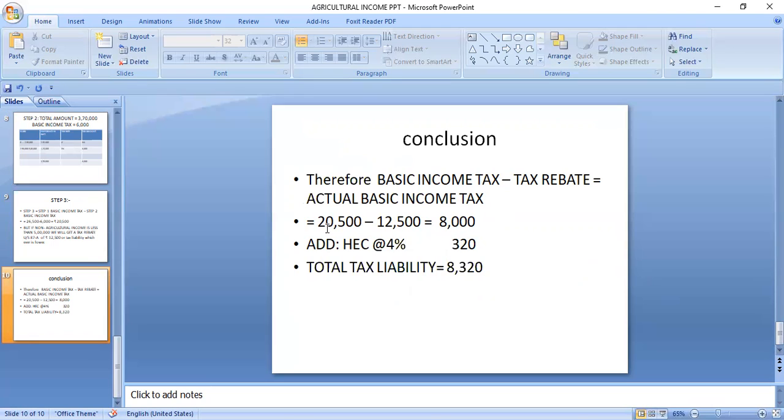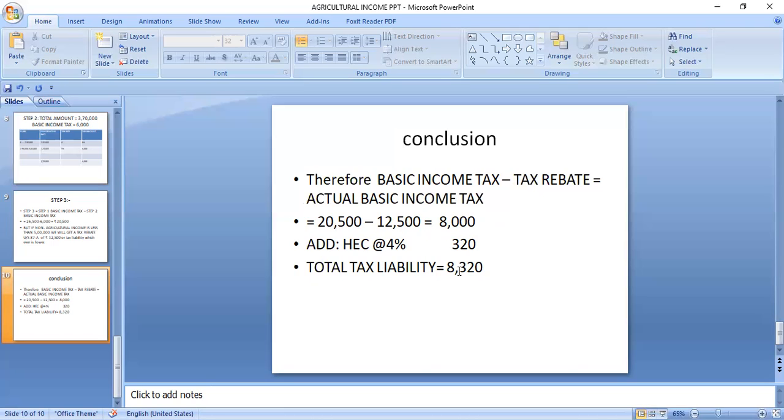That means 20,500 you got by step 1 minus step 2. You deduct the tax rebate of 12,500. You will get 8,000. On 8,000, add health and education cess at the rate of 4%. You will get 320 rupees. So total tax liability will be 8,320.